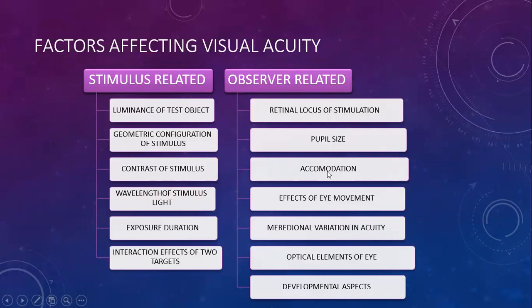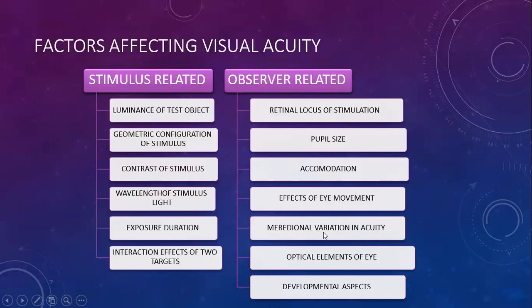Accommodation is also important because it helps to see near objects. For far objects it has no role, but for near objects, yes, it plays a role. Effect of eye movement: to move your eye from distance to near, or to any point to see an object, you definitely move your eye, so eye movement is also an important factor. Meridional variation is basically power-related problems.